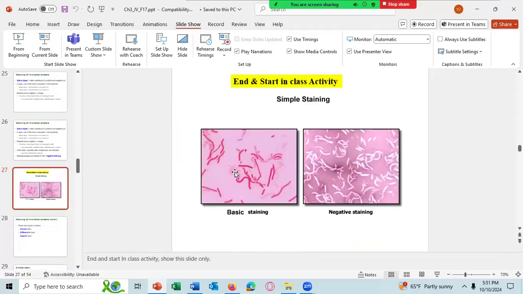Here are two examples of a basic stain, staining the cells, and then a negative stain, staining the background of the slide, not staining the cells. Both of them illustrate the cell very nicely. Any question about any of that? So this is a basic stain.